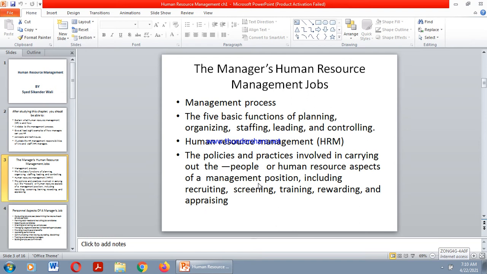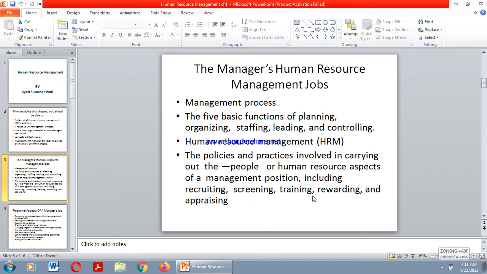You have to see that what human resources are required for different management positions within the organization, seeing the organogram, the organizational charts, and then you recruit different human resources for middle, top managers, lower managers. Then how you will screen, you will advertise the job, then different applications will come, you will screen, and then whoever come to the minimum requirements, you will only call them in interview and select them.